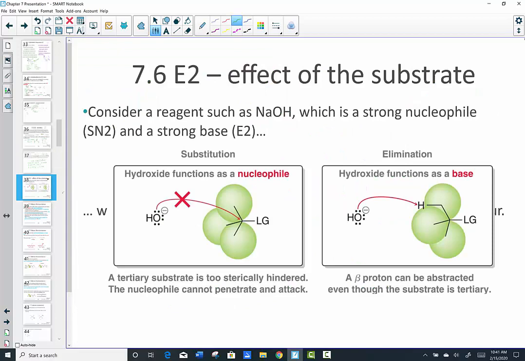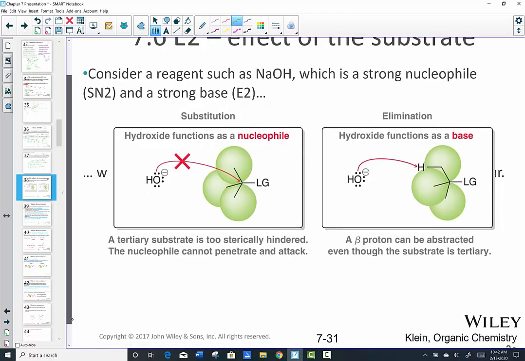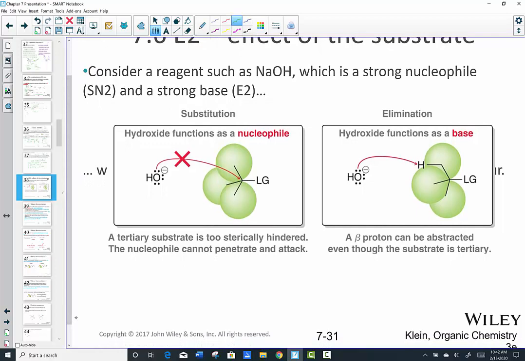Thinking about the bimolecular collision and the effect of the substrate, we have to consider steric hindrance and how this mechanism can be achieved. Consider a reagent such as sodium hydroxide, a very strong nucleophile, as well as a strong base.